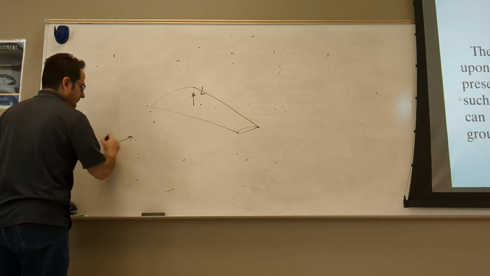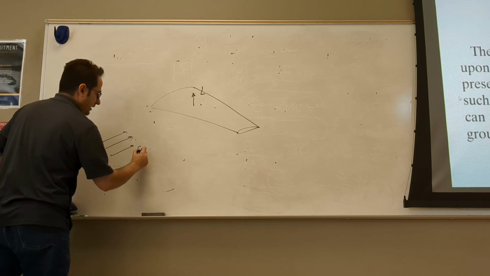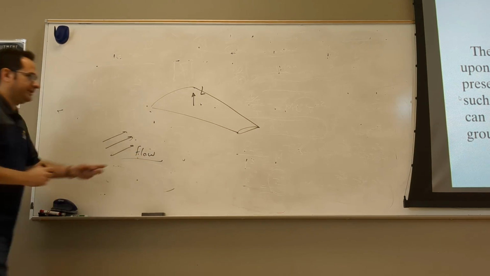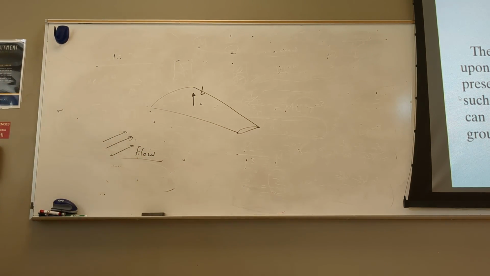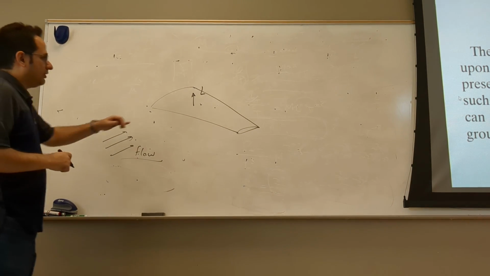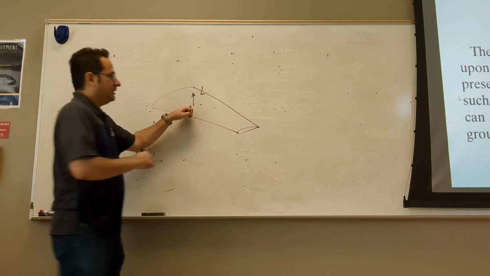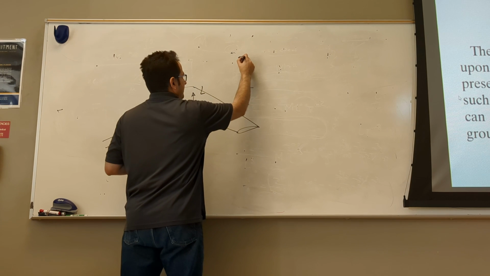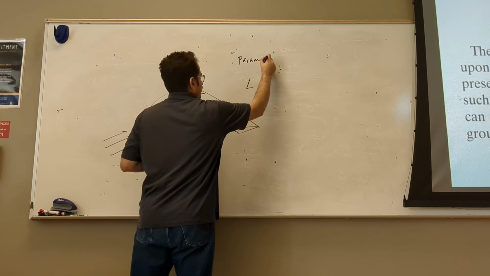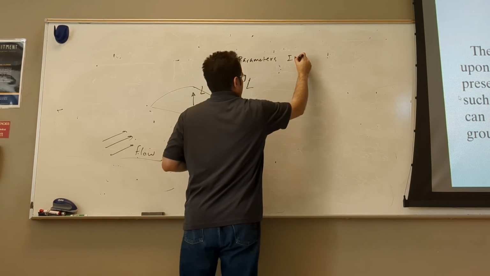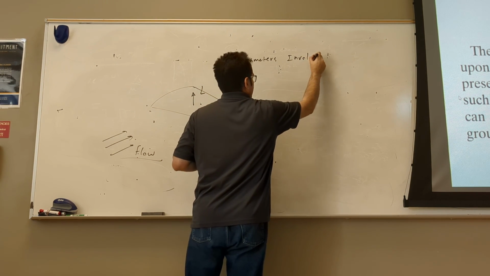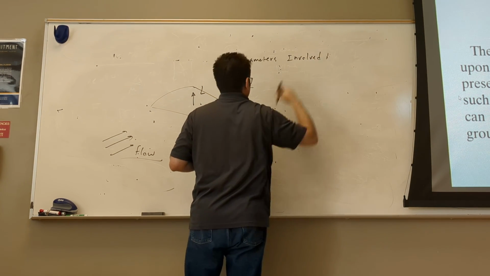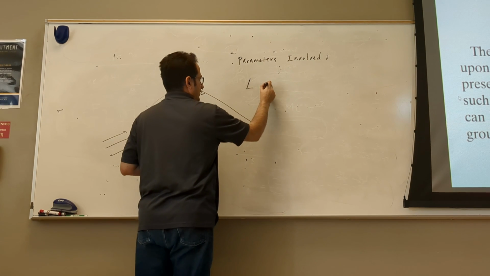And this is the flow. One way, again, is to solve the Navier-Stokes equation numerically. That's one way. Another way is to say, well, I know this lift will depend on these parameters involved in this problem. One is lift, right?